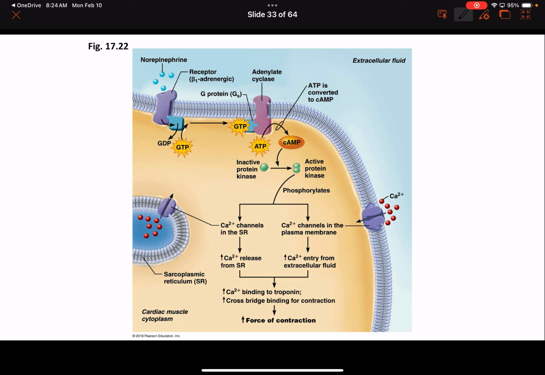So there are two sources of calcium for cardiac muscle cells. We have slow calcium, Ca2+, channels within the plasma membrane.